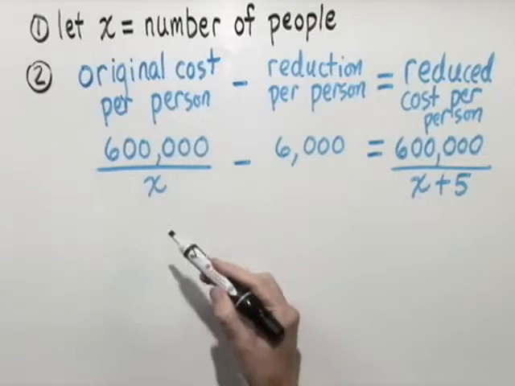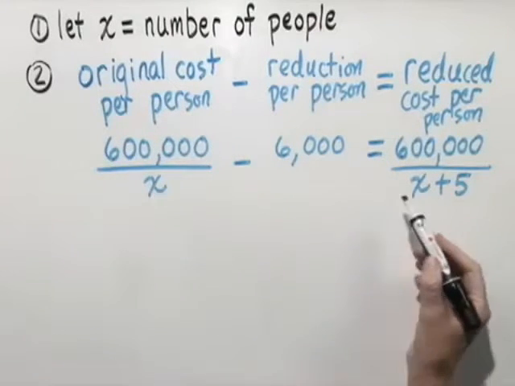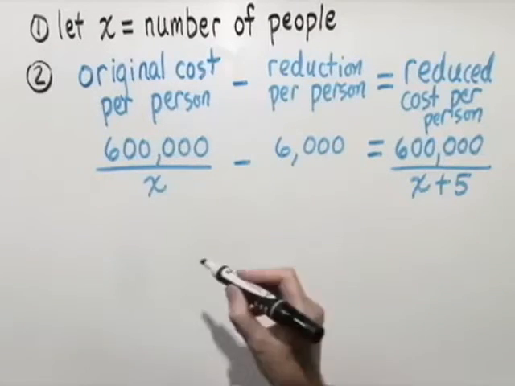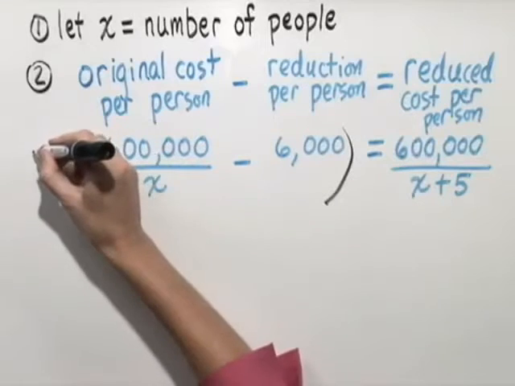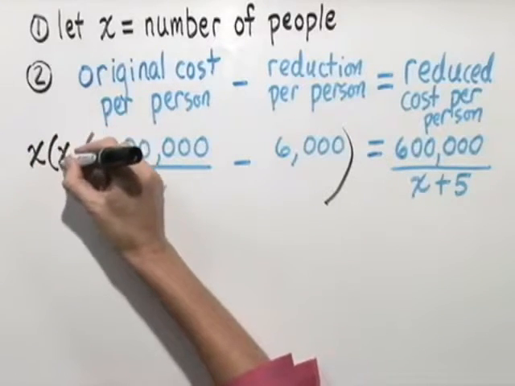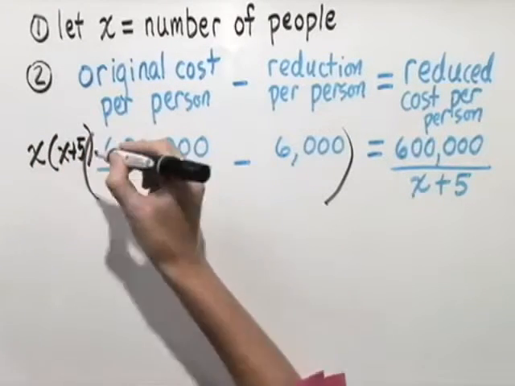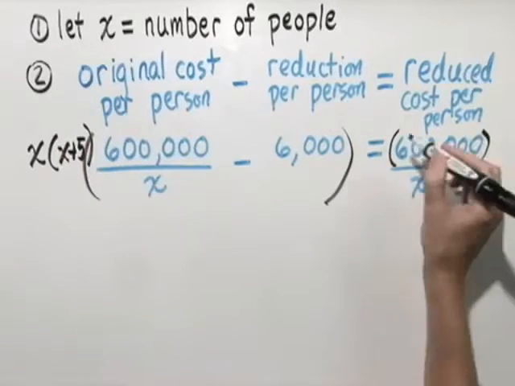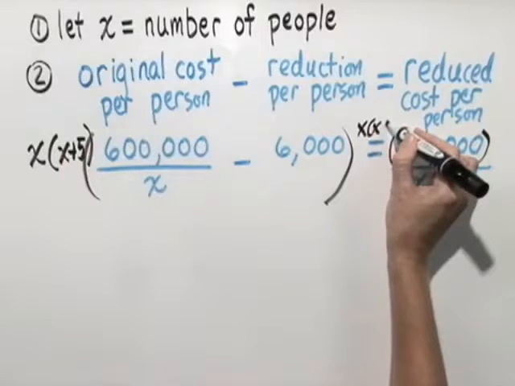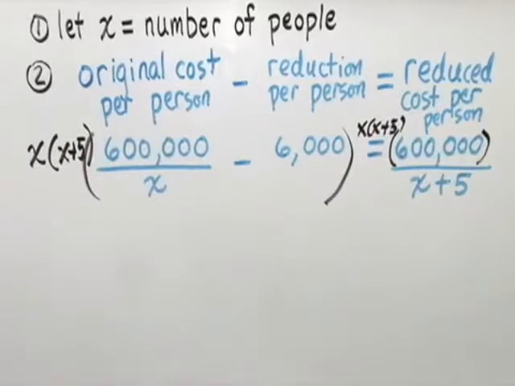It's a rational equation. We have a denominator of X and X plus 5, so we're going to multiply both sides of this equation by the quantity X times X plus 5. And on the right-hand side, I'll write it here, X times X plus 5.